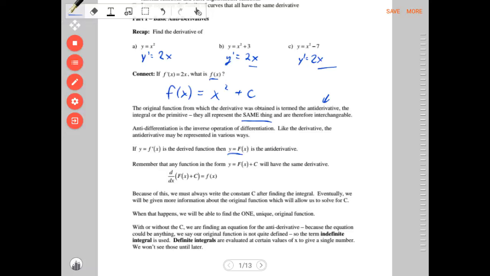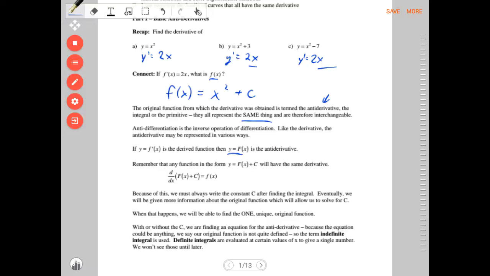Remember that any function in the form y equals capital F of x plus c will always have the same derivative. Because of this, we have to write the constant c after finding the integral. Eventually, we'll be given more information about the original function, which will allow us to solve for c. When this happens, we'll be able to find the one unique original function.